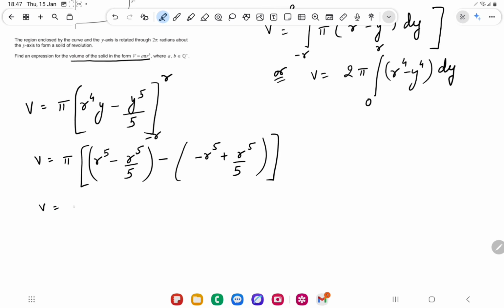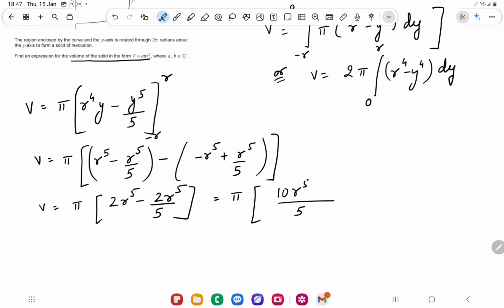Now if you solve this, it will be 2r to the power 5 minus 2r to the power 5 upon 5, where I can take LCM 5, that becomes 10r to the power 5 minus 2r to the power 5. So the volume will be 8 pi r to the power 5 over 5.